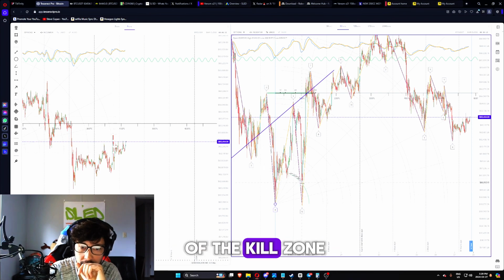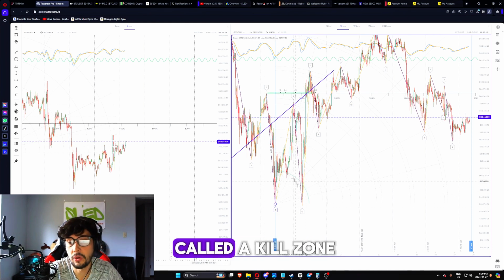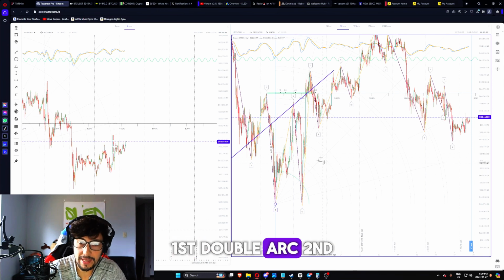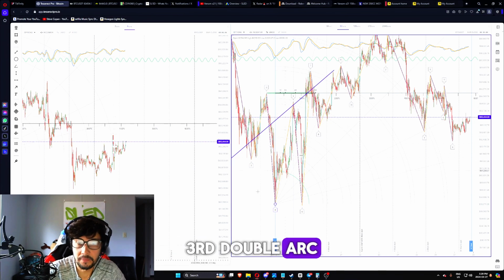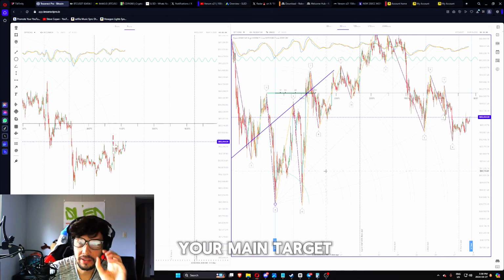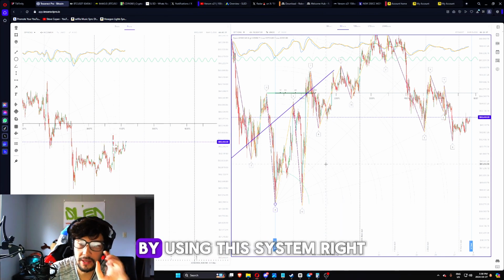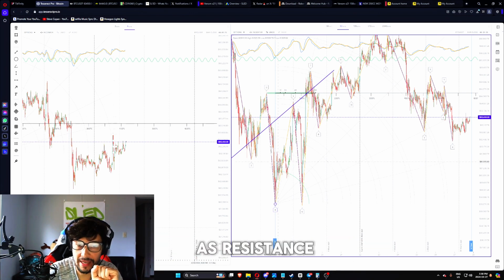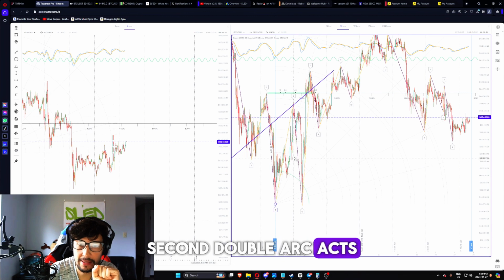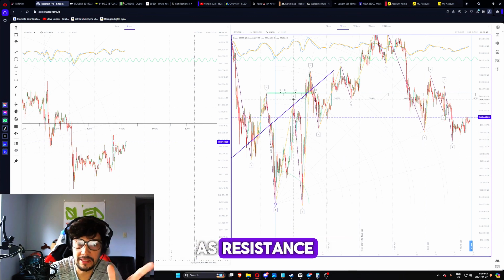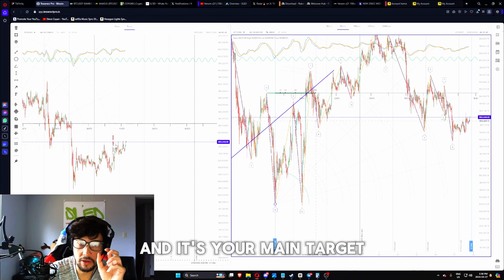So we came out of the kill zone, this green arc is called a kill zone. First double arc, second double arc, third double arc. Third double arc is your main target by using this system, right? First double arc acts as resistance, second double arc acts as support, third double arc acts as resistance, and it's your main target.